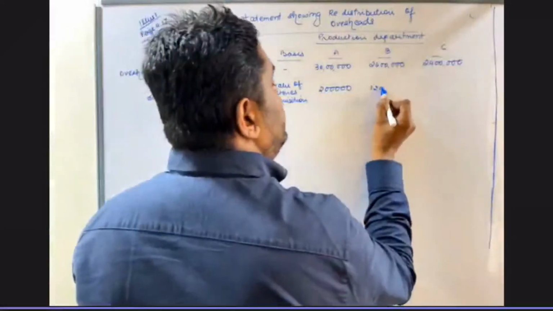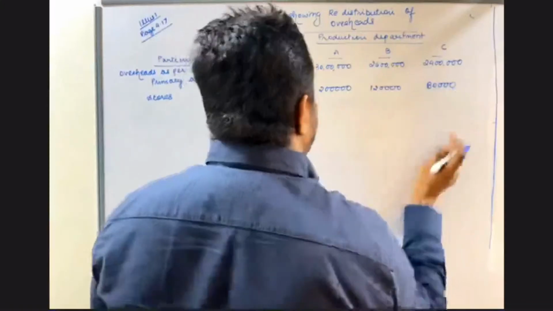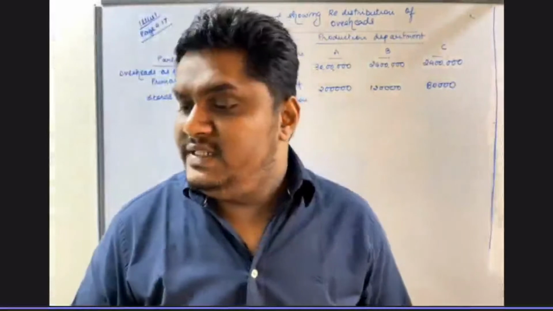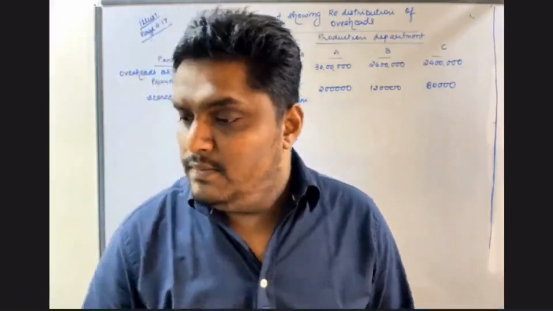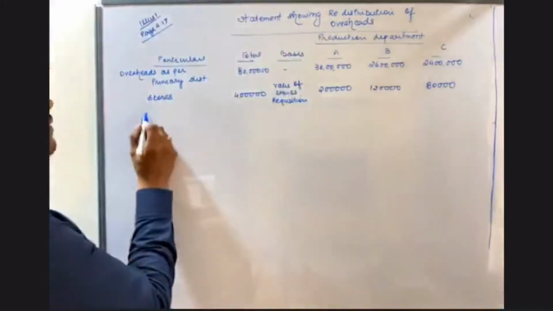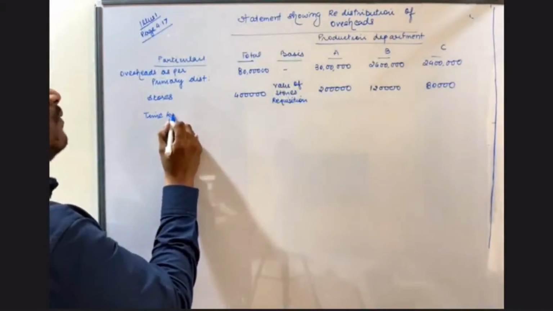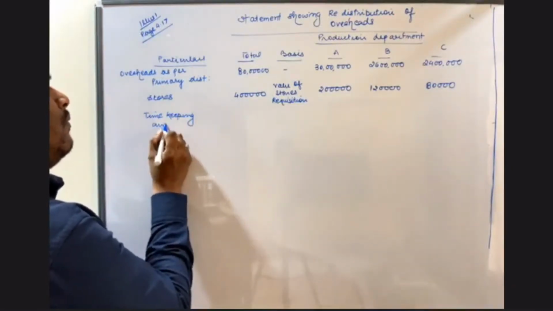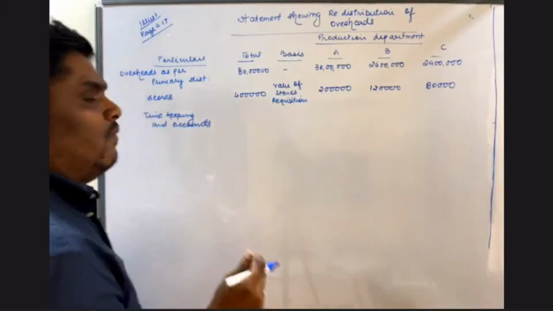This will be 1,20,000 and this will be 80,000. The next service department is timekeeping and accounts. The total overheads are 3 lakh.